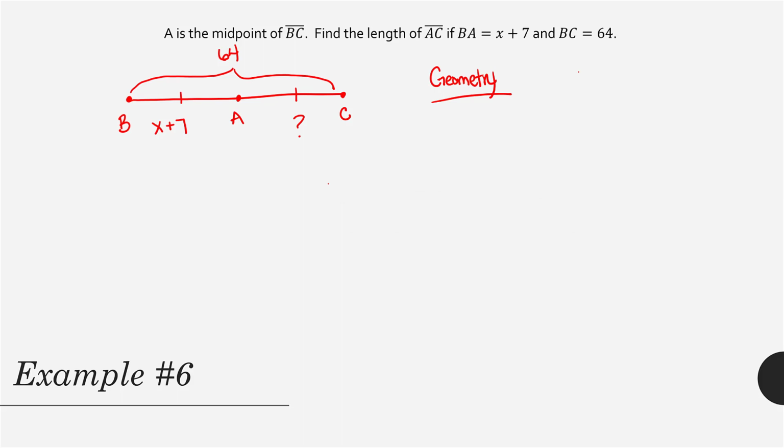Okay, so here's what you may have done. You may have said that BC, the whole segment, is 2 BA. And that would be correct. My reason would be definition of midpoint.